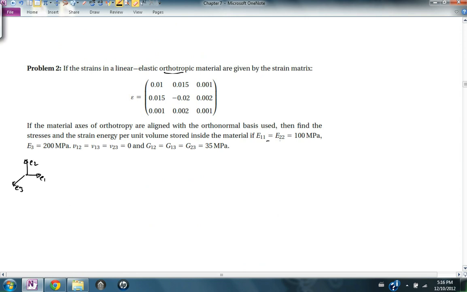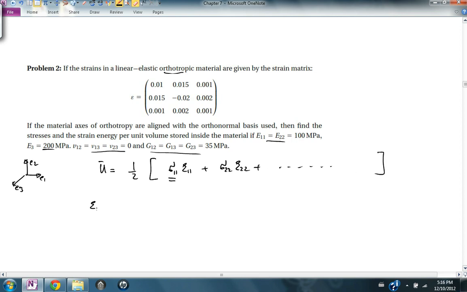And we're given the 3 Young's moduli, the 3 Poisson's ratios, and the 3 G's. So, first, the energy is equal to 1 over 2, sigma 1 1, epsilon 1 1, plus sigma 2 2, epsilon 2 2, and so on. 9 components. So I need to find the stresses.